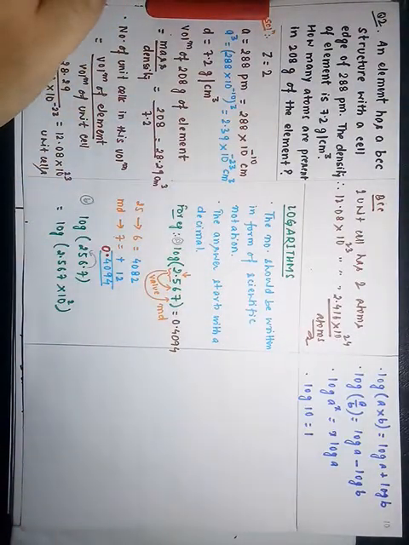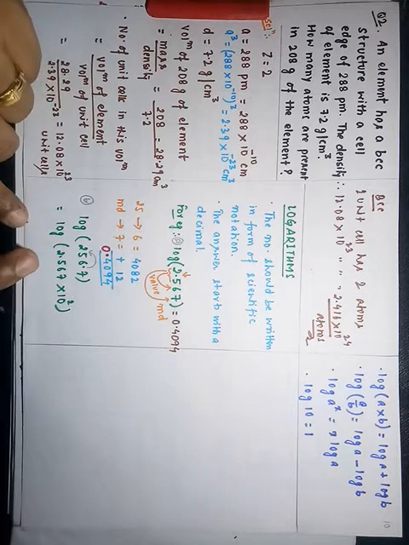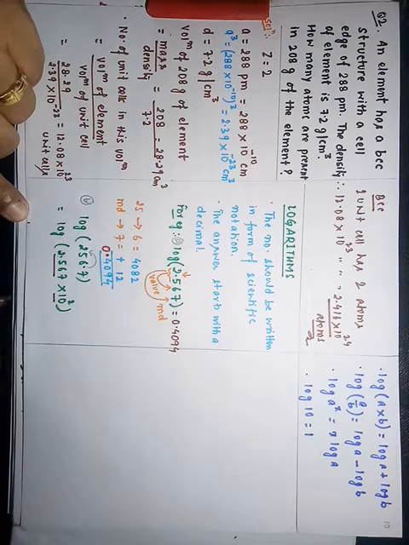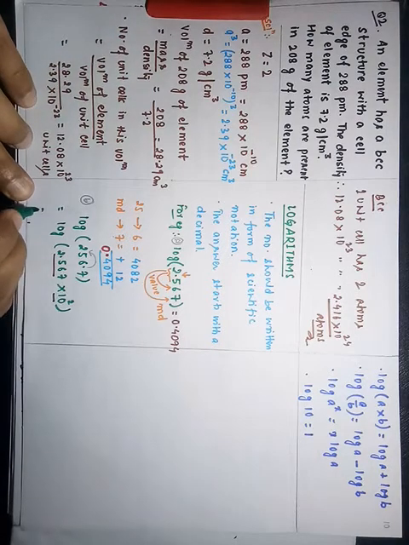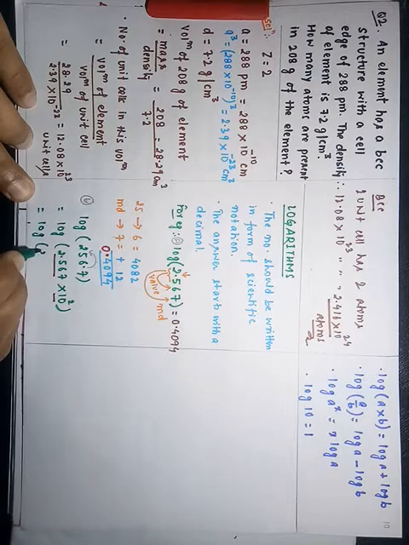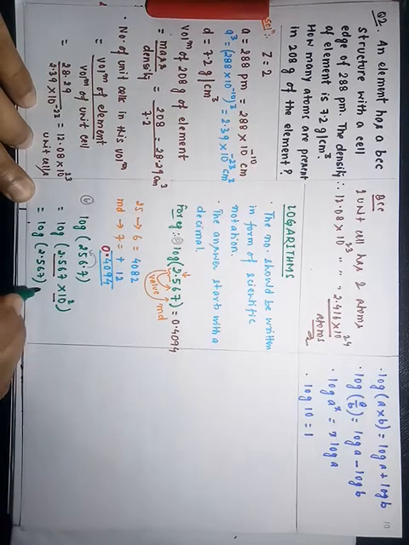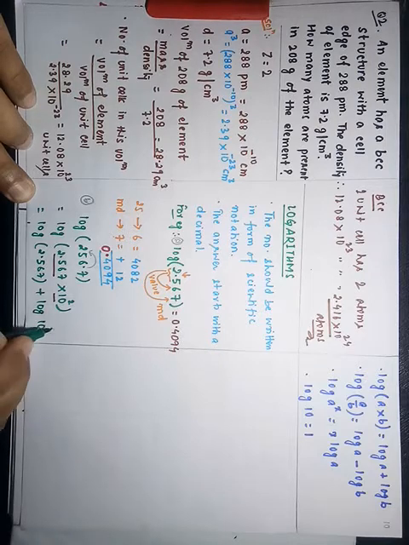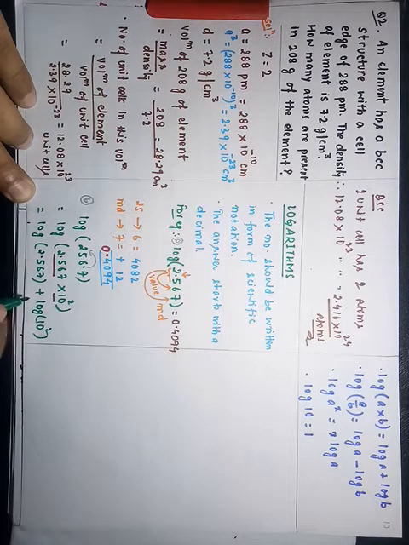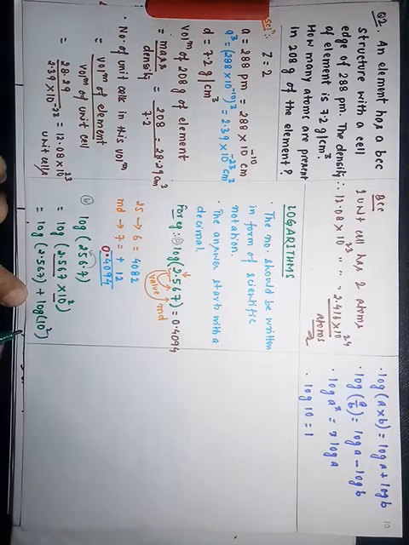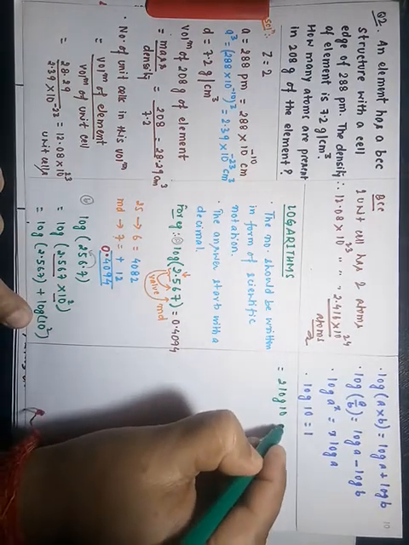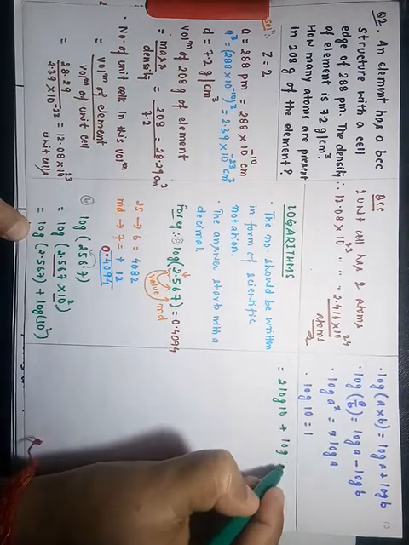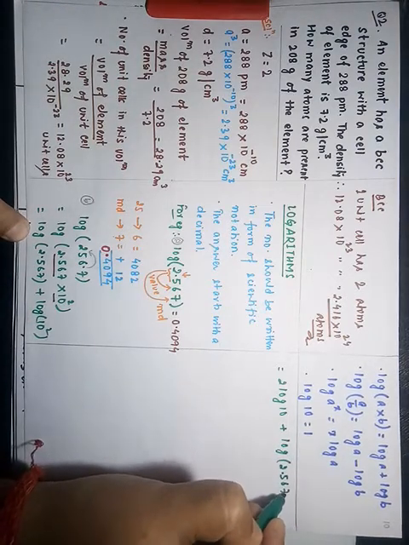So let us work ahead. This is A, this is B, so it is in the form of log A into B. So this is log A plus log B. So log 2.567 plus log 10 square. Now this is log A to the power x, which can be written as x log A. So this is 2 log 10 plus log 2.567.